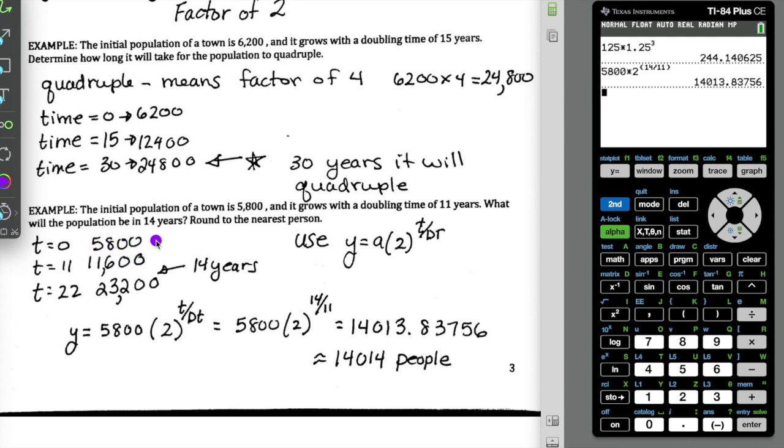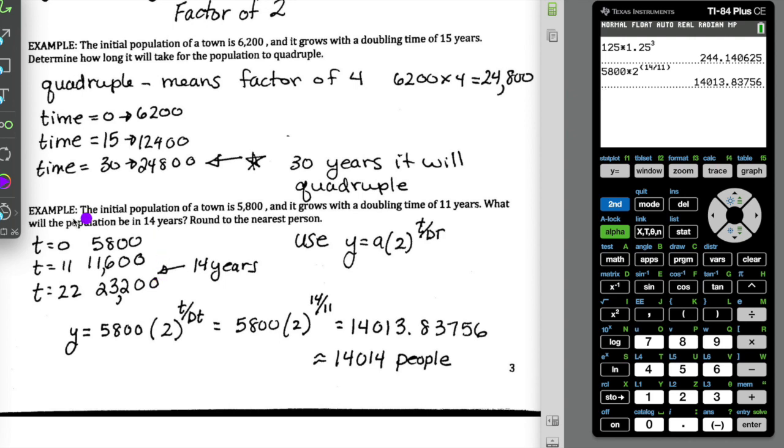Every 11 years it doubles. So when I hit 11 years, t is equal to 11, 5,800 is going to double, and I'm going to get 11,600. If it doubles again, that means I'm going to reach 22 years because it's going to go another 11 years, which means 11,600 goes to 23,200.